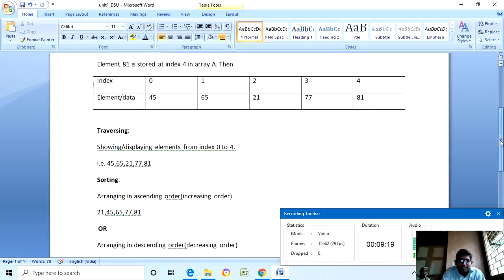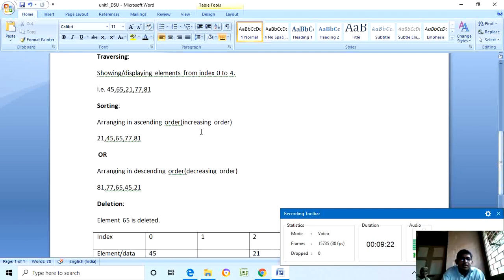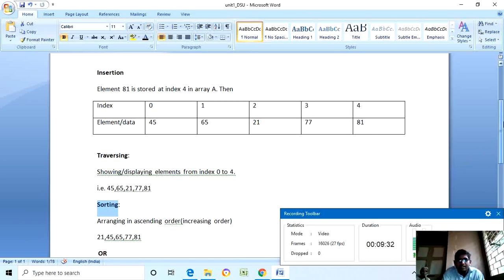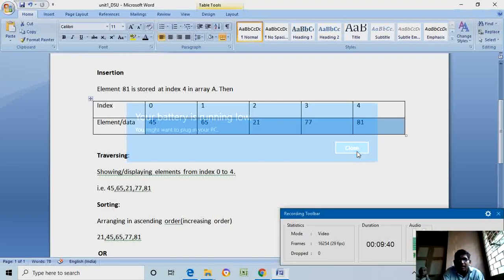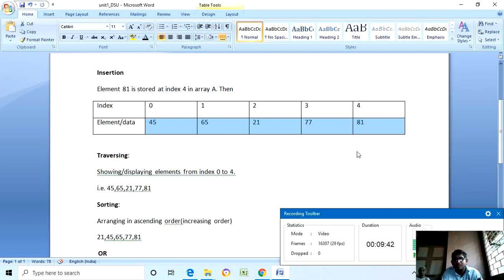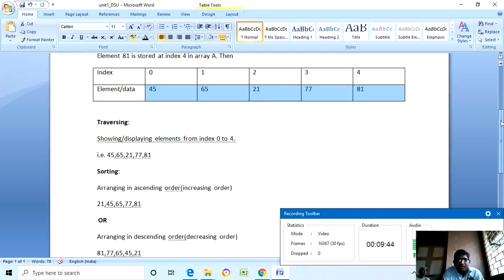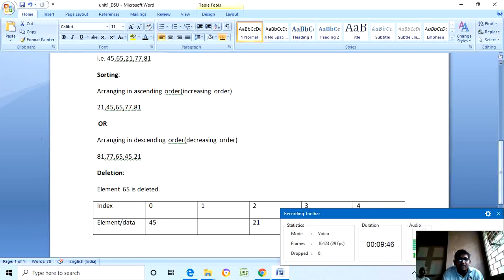Now the next operation is sorting. What is sorting? Sorting in a data structure means arranging the elements present in that data structure. In the case of numbers, the arrangement can be in increasing order or decreasing order. There are 2 types of arrangement possible: ascending order or descending order.